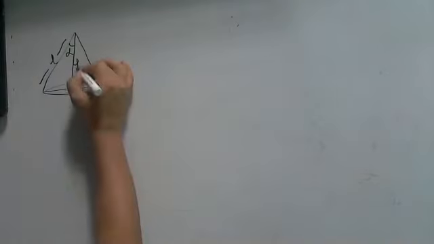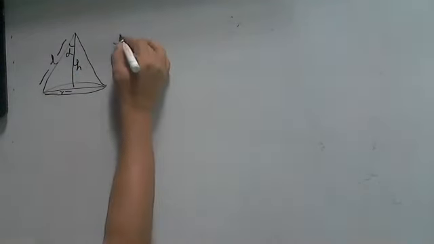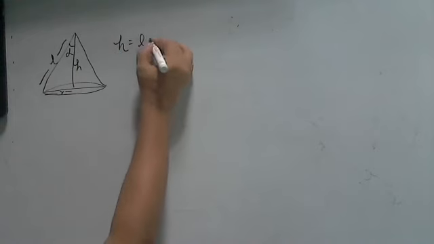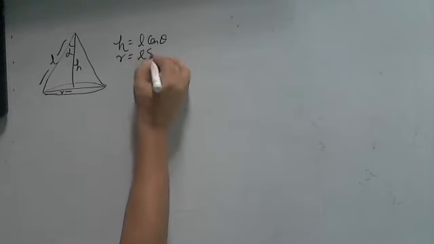Now suppose its height is h and its base radius is r. We all know by trigonometry a relationship between angle, base, height and hypotenuse. So it gives us height as L cos theta and radius as L sin theta.